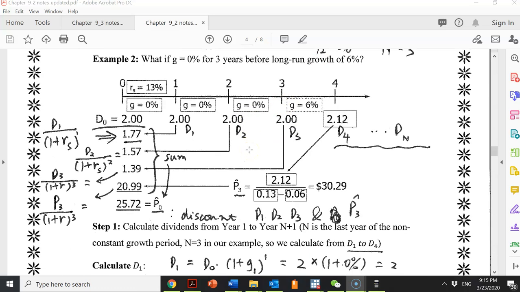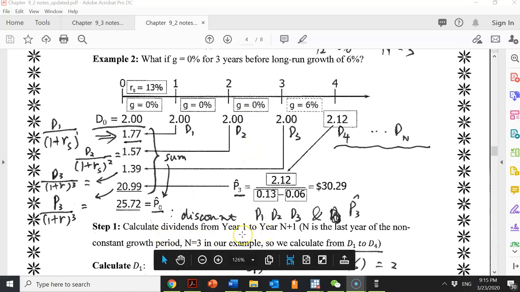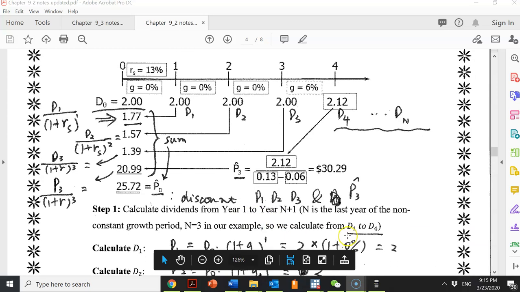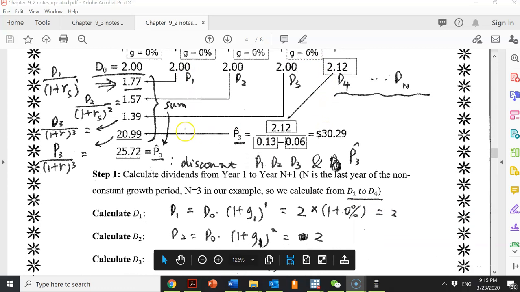So step 1, we need to calculate dividends from year 1 to year n plus 1. So in this case, we need to calculate from D1 to D4. n is 3, so we calculate D1 to D4. For calculating D1, it is D0, $2, multiplied by 1 plus G1, which is 0%, so we have $2.